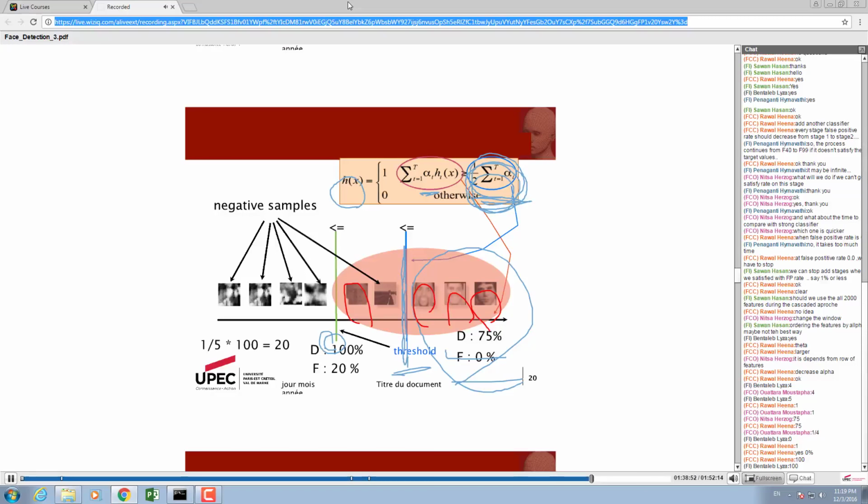So in this way, you can decrease the threshold, and at some point we can stop, when we achieve a detection rate larger than or equal to 99%, for example.